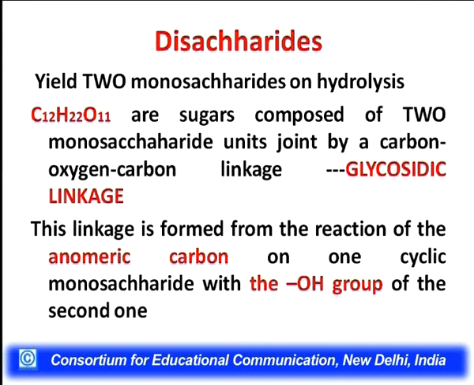This linkage is formed, as I've already discussed, by the reaction of an anomeric carbon on one cyclic monosaccharide with the OH group of the second one, and in this case the second monosaccharide is acting as a simple alcoholic group.